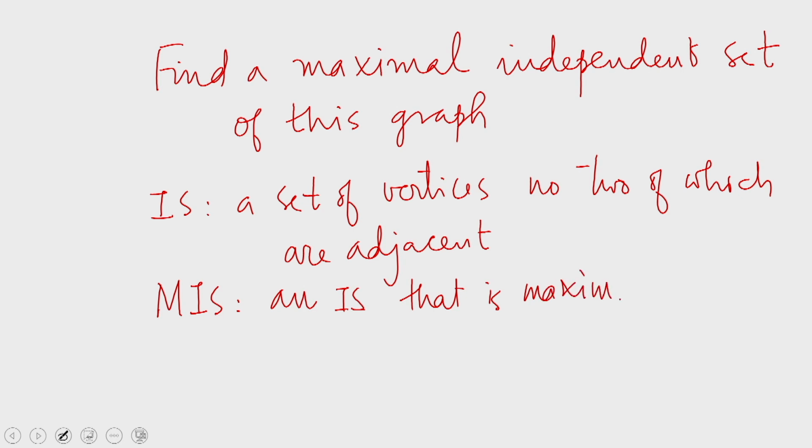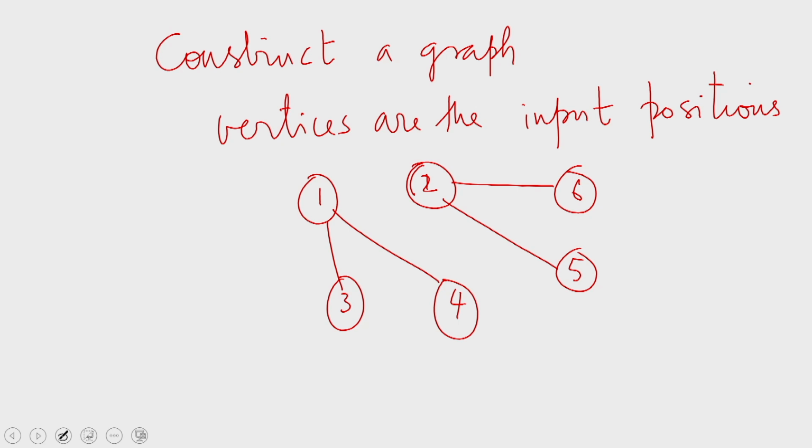It is maximal in the sense that you cannot add one more vertex to it without violating its independence requirement. That is, every vertex that is not in the independent set is adjacent to some vertex in the independent set. So, in this example, 1 and 2 will form a maximal independent set, because the other vertices are all disqualified now from adding to the maximal independent set. For example, if we were to add 3 to the maximal independent set, then there would be a conflict between 1 and 3.